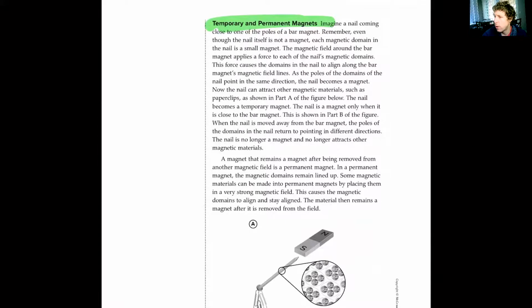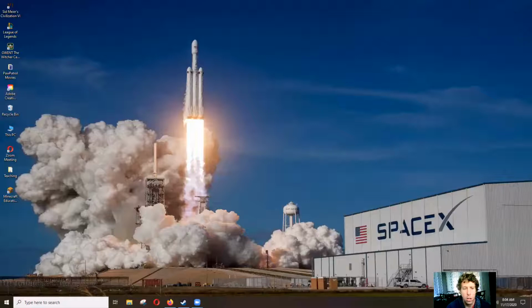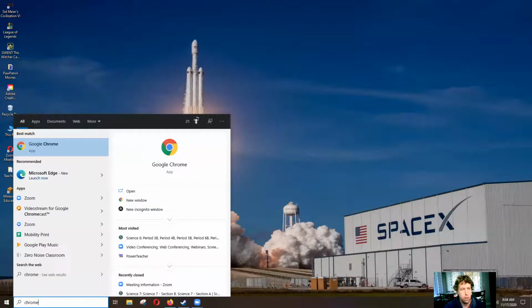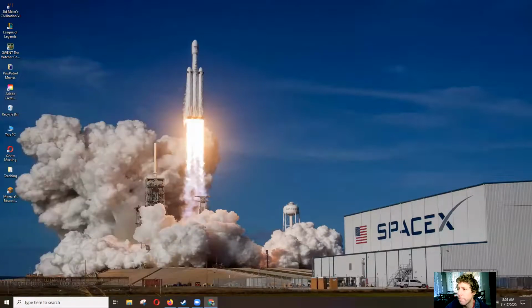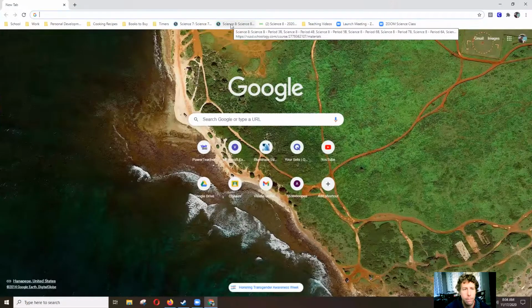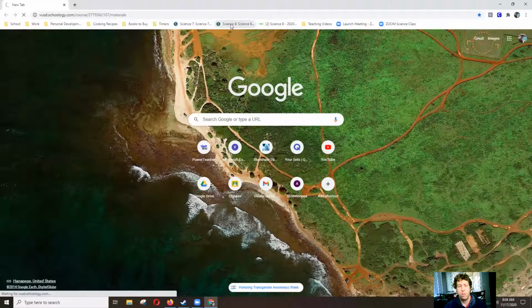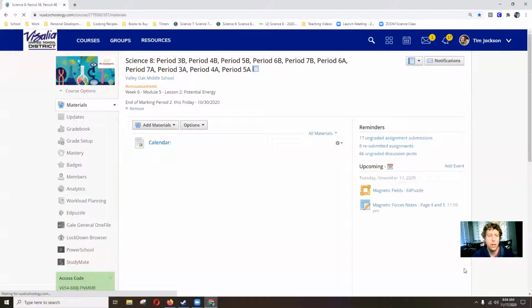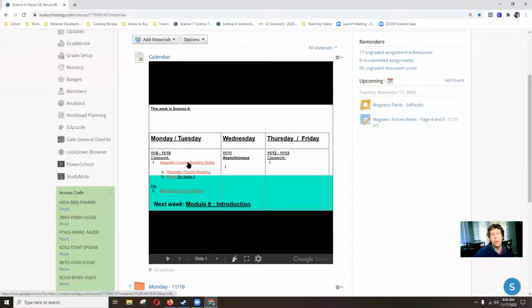Okay, now when you are all done today, you are going to upload a picture of your notes and turn them in for today. So on our calendar, the magnetic forces reading notes, this is your assignment that is due today.